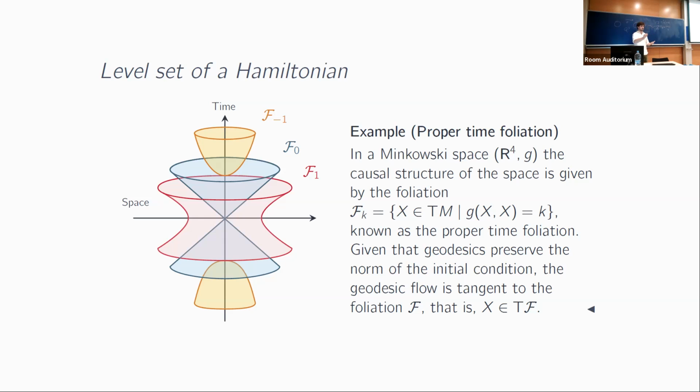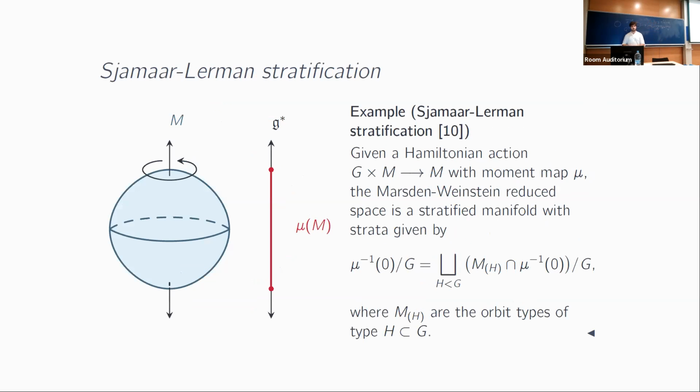You also have a regular foliation, and it is an example of an E-manifold. And actually, dynamics are restricted to these hypersurfaces. Another instance where structures related to E-manifolds appear is Marsden-Weinstein reductions, in which we drop the freeness condition of a group action. Sjamaar-Lerman proved that the quotient has a natural symplectic stratified structure.